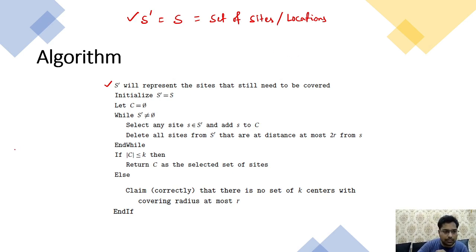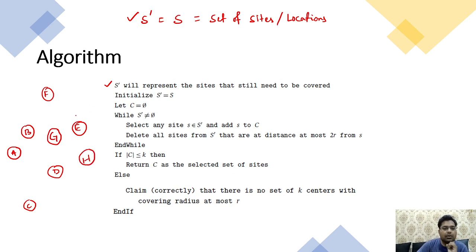The example could be here: A, here is B, that is C, I'm just writing it here, D, E, F, G, and then H. Okay, through the example we will understand this.